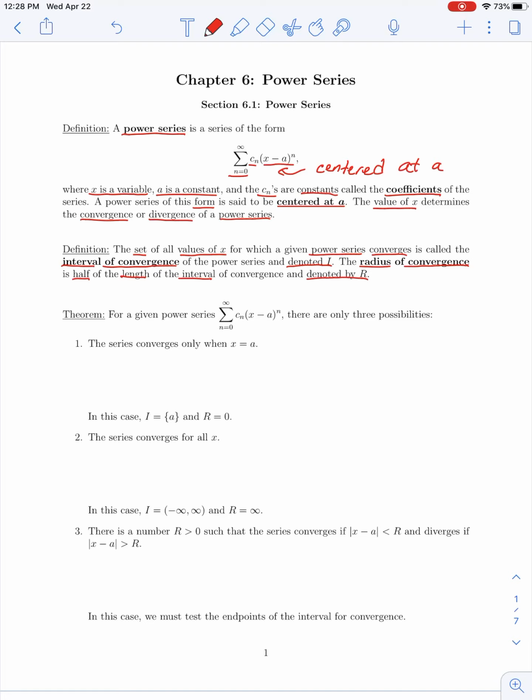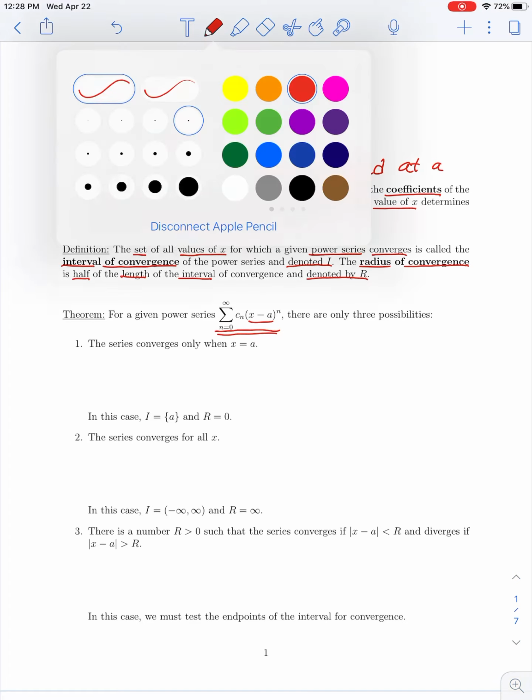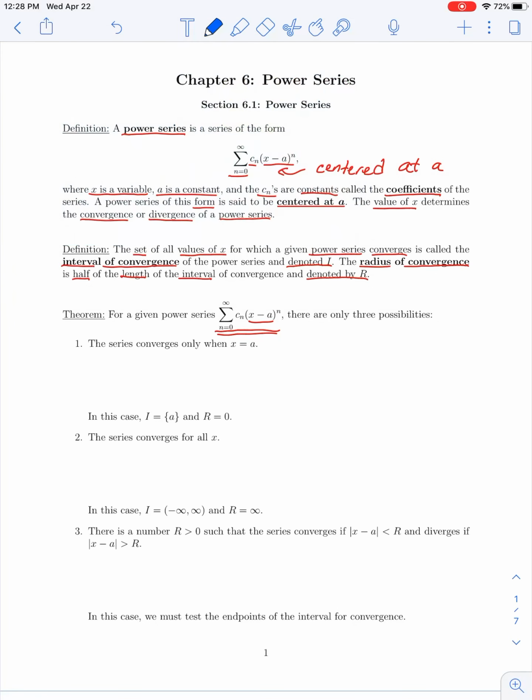So let's consider that we have a power series of general form, which is centered at x equals a. Then there are three cases which we're going to discuss here. The first case is the worst case scenario. And this says that this series would be convergent only at a single value of x, namely x equals a.